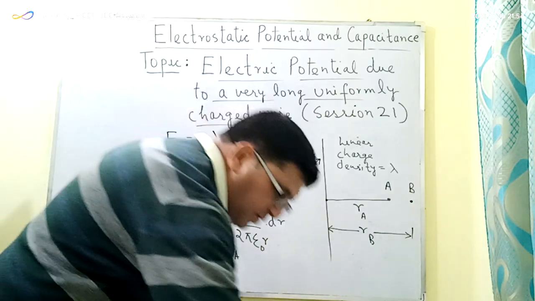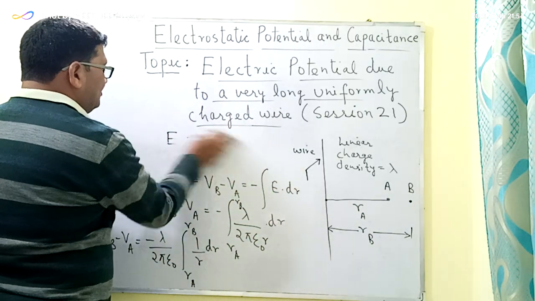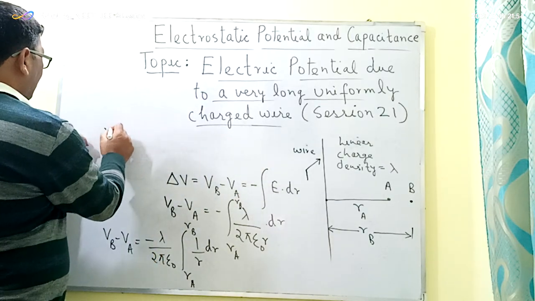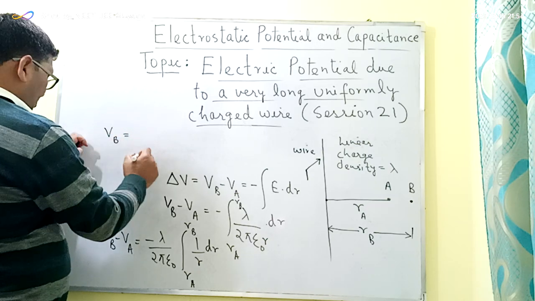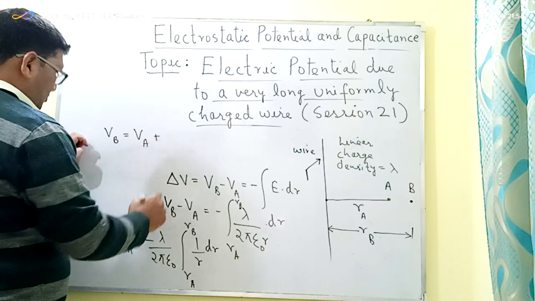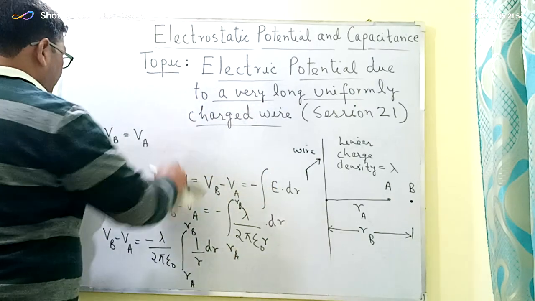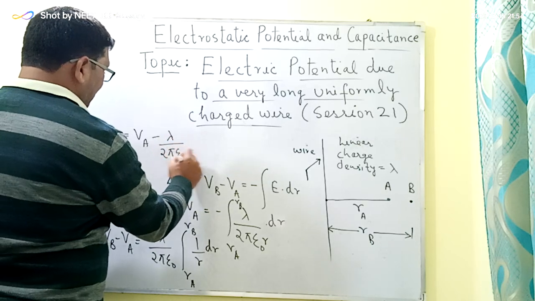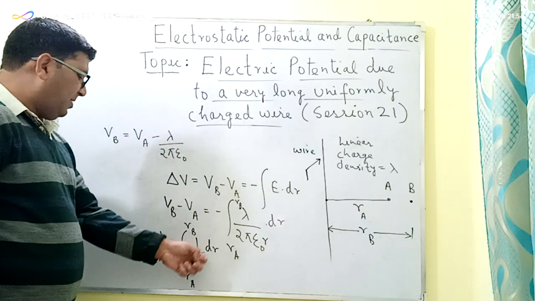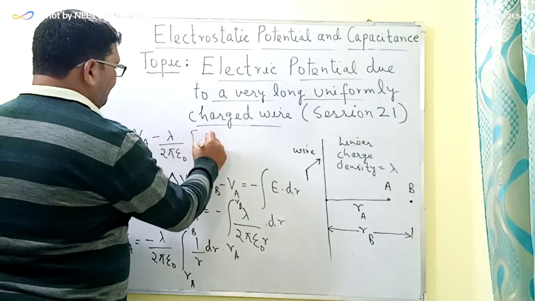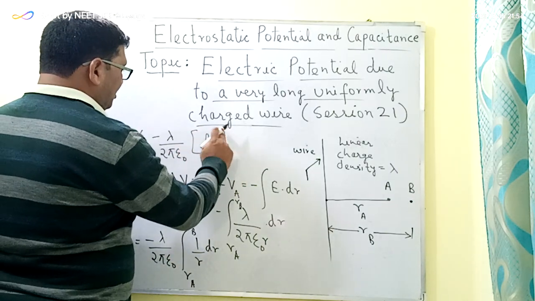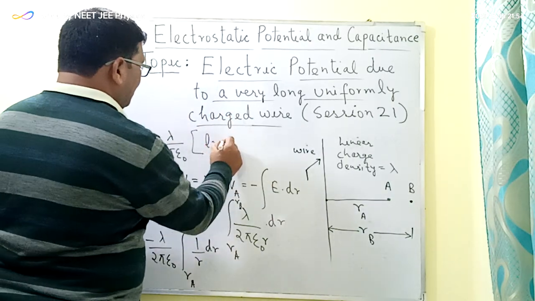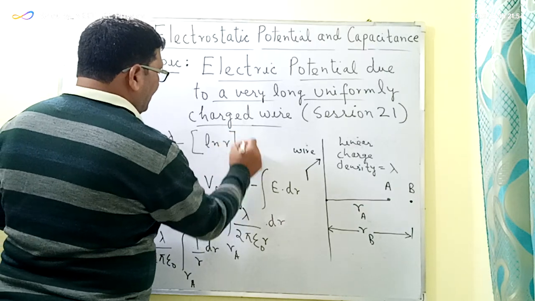So this is the equation which I have got, and from this equation VB is equal to VA minus lambda upon 2 pi epsilon naught, and here the integration of 1 by r dr is the natural logarithm of r within the limits of RA and RB.